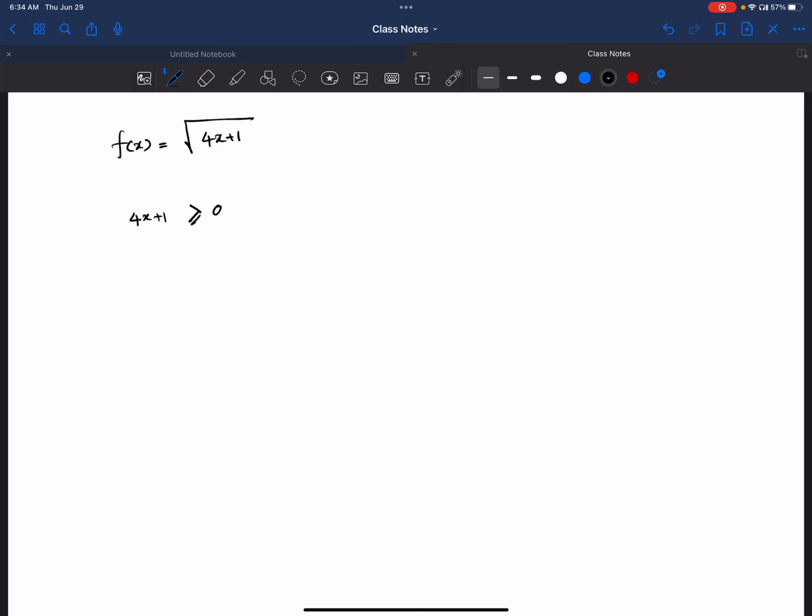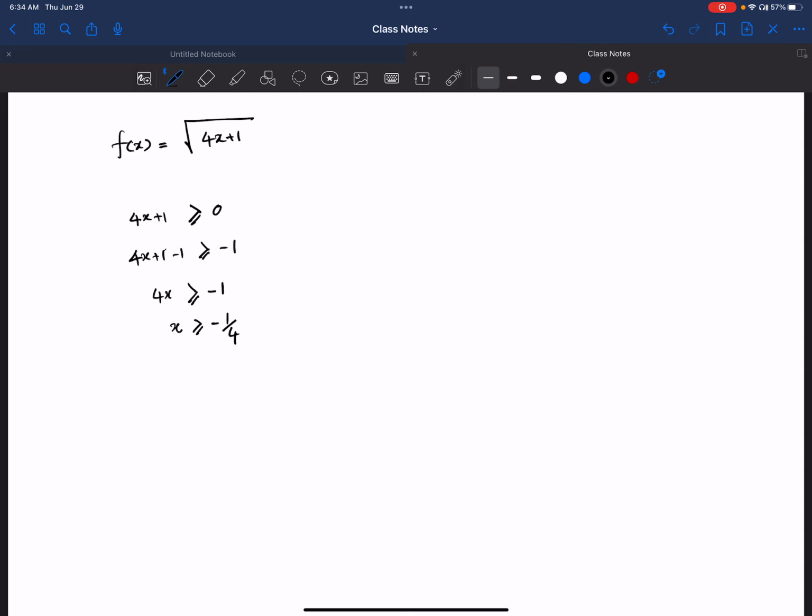Subtracting 1, 4x is greater than or equal to negative 1, and x is greater than or equal to negative 1 fourth.